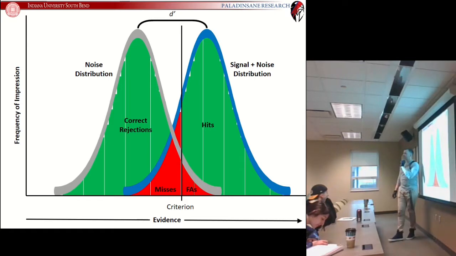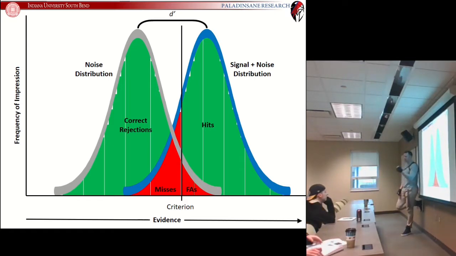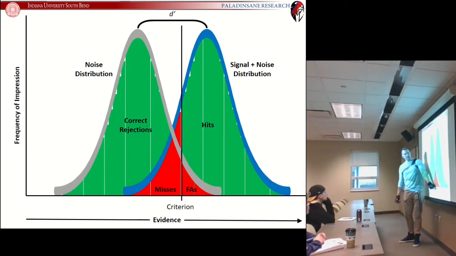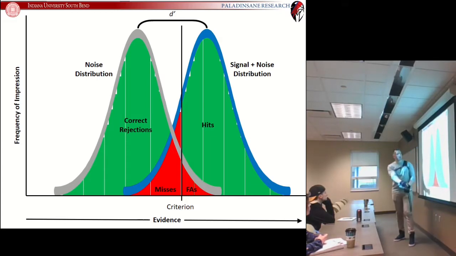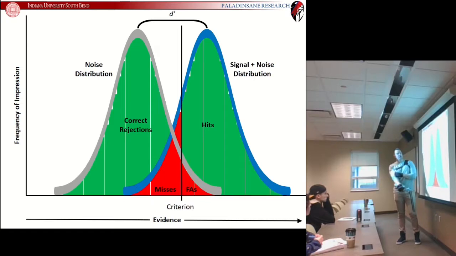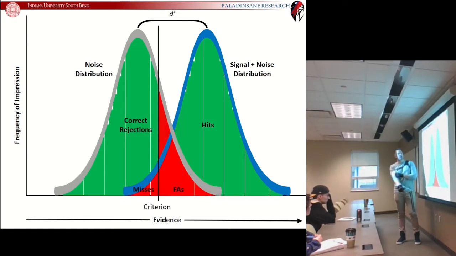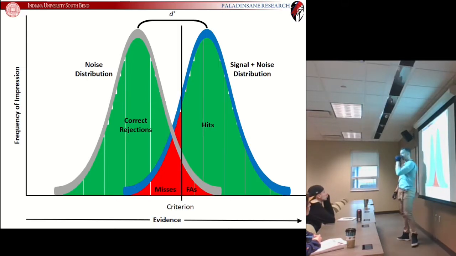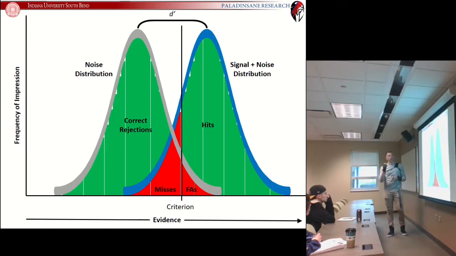So psychologists, for the first time, were able to measure anybody's sensitivity, regardless of whether they had a criterion that was kind of adventurous, erring on the side of making mistakes, or more cautious, erring on the side of not having any misses. It didn't matter how conservative or how liberal they were with their criterion. Their sensitivity could still be measured. So that was a very, very powerful tool used to measure our perceptual abilities.